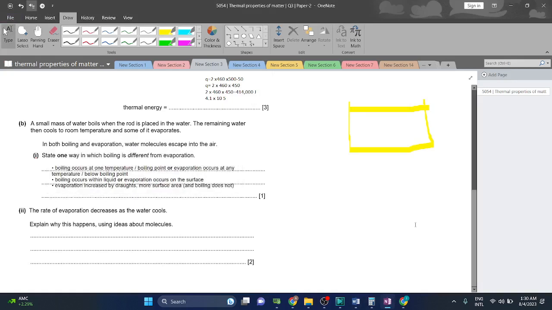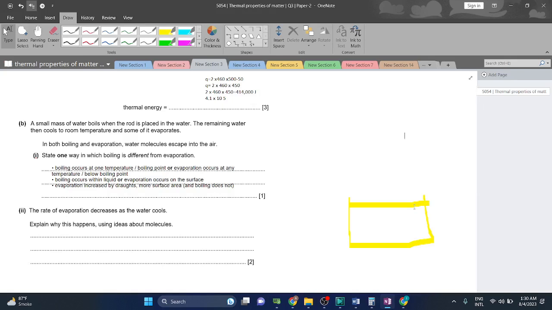The rate of evaporation decreases as the water cools. Explain why this happens using the idea of molecules. For example, let's use the same crappy diagram, right? This is a pool of water, and evaporation will happen on the surface. The particles on the surface with the highest kinetic energy will leave the surface and turn into gaseous state.